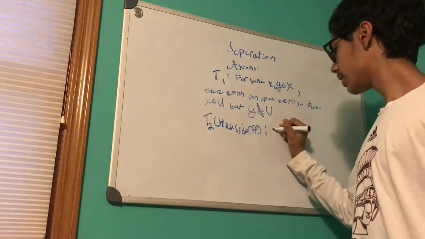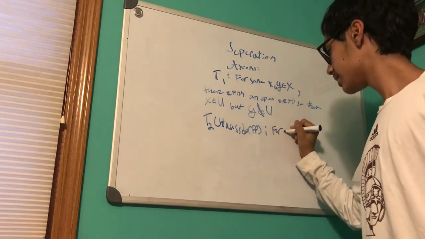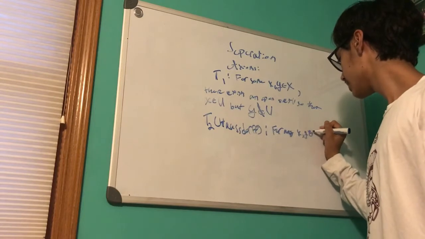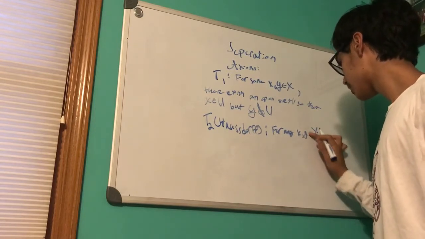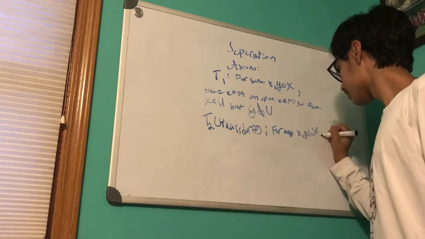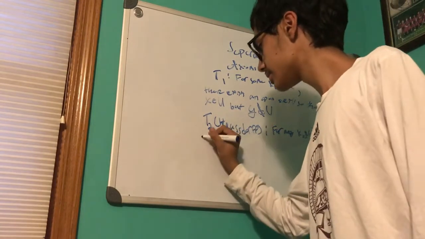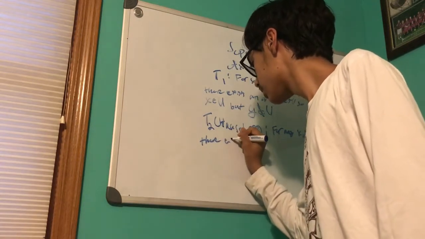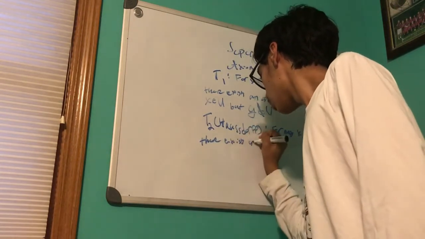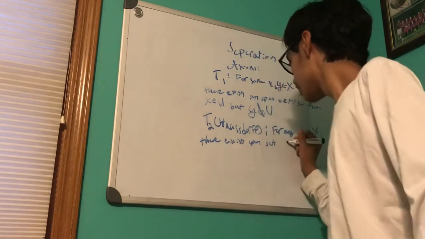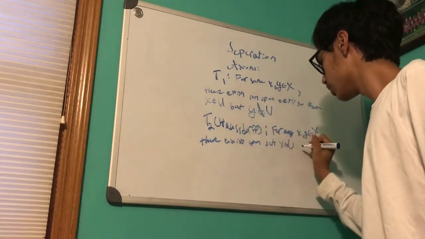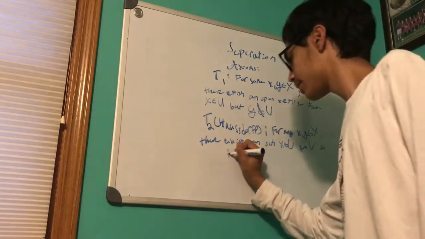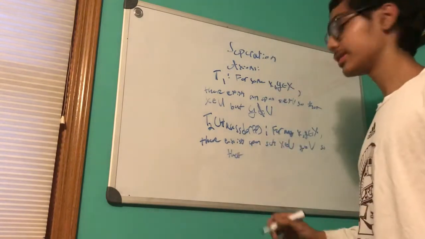So for any x, y within a topological space X, there exist open sets, X within U, Y within V, so that their intersection is disjoint.